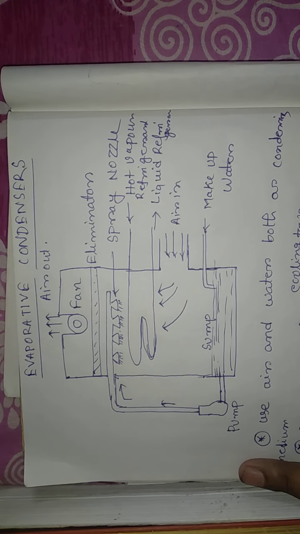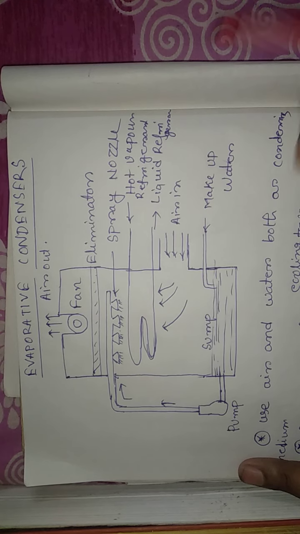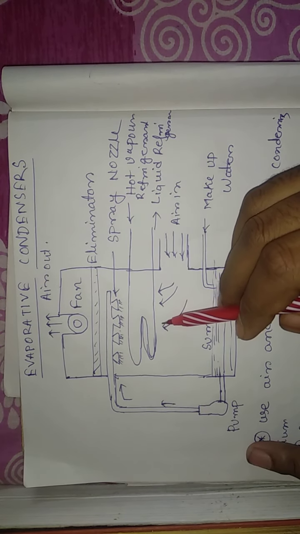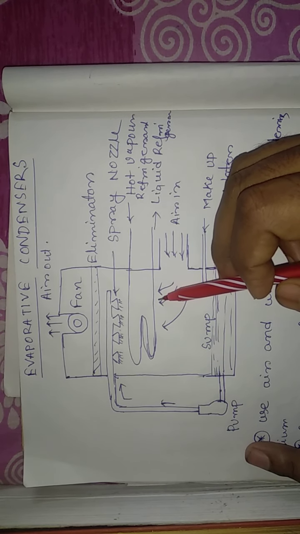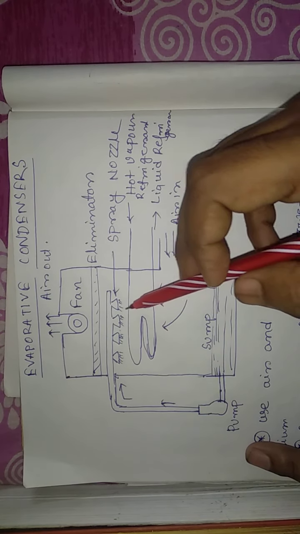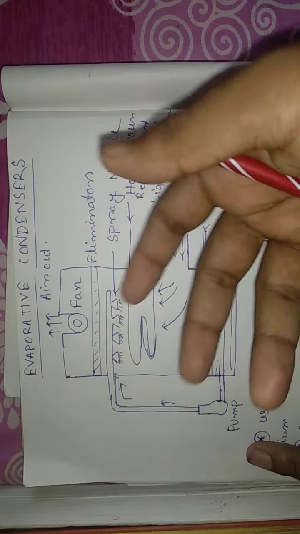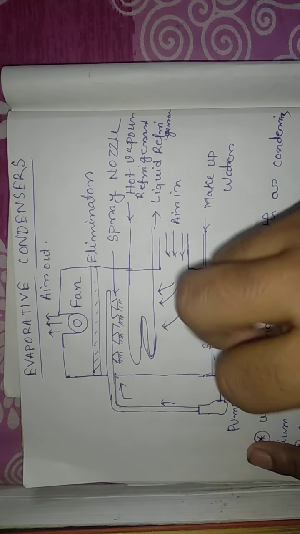and the air causes the water from the surface of the condenser coil to evaporate and absorb the latent heat of evaporation from the remaining water to cool it.